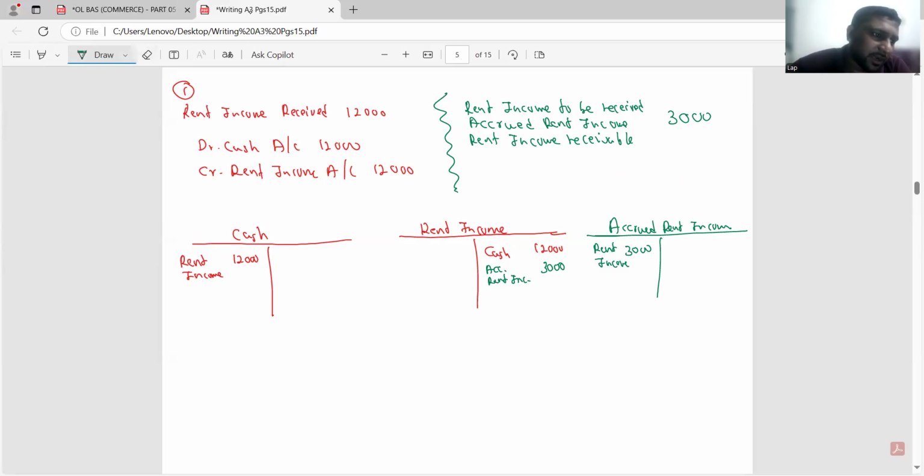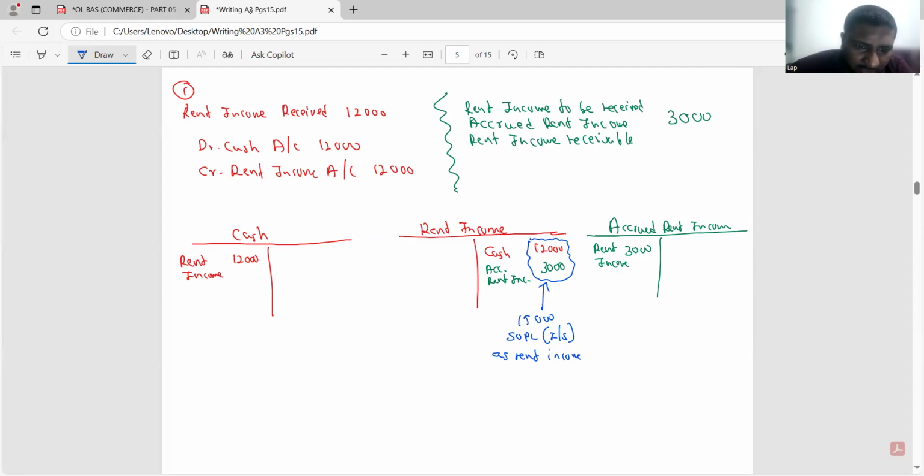Then here what you have to understand, for your income statement, 15,000, for the statement of profit or loss, if not the income statement, as rent income.